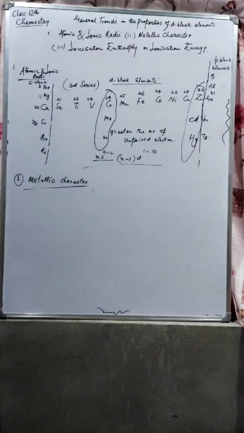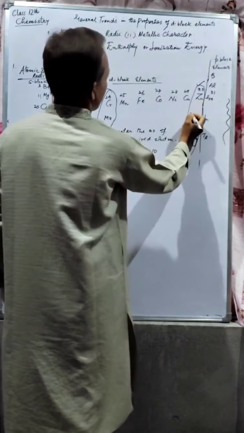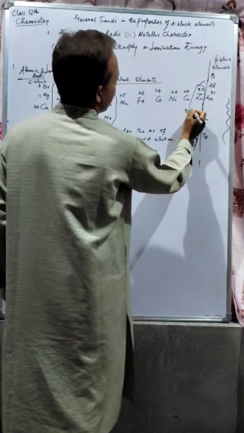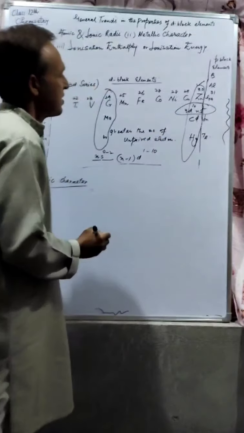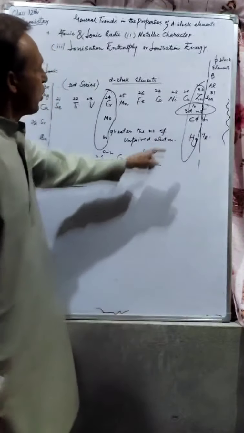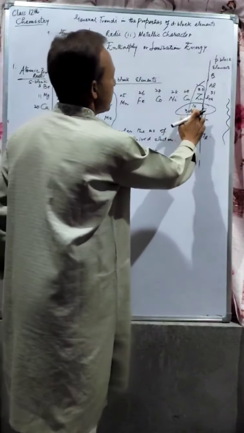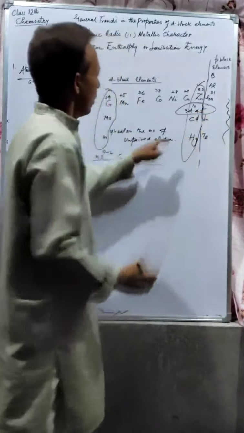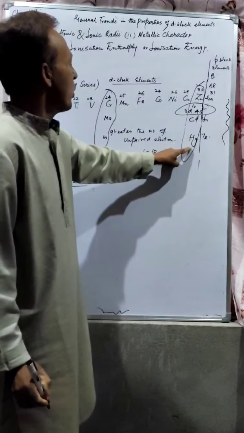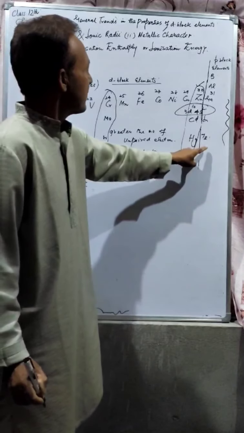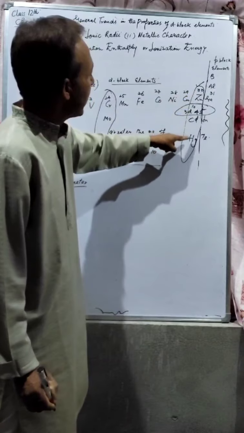It is because their outermost shell, for zinc we have 3d10 4s2 electronic configuration. Similarly, for cadmium we have 4d10 5s2, and we have 5d10 6s2 electronic configuration for mercury.